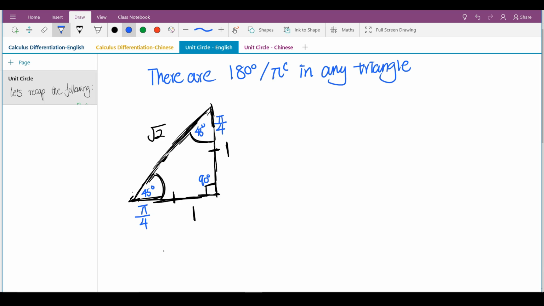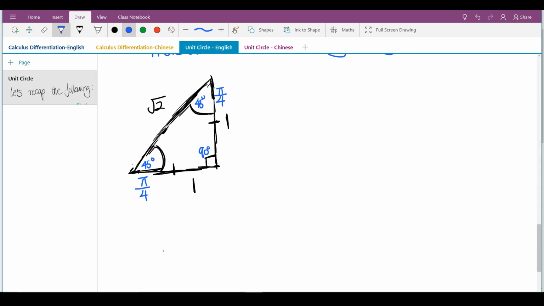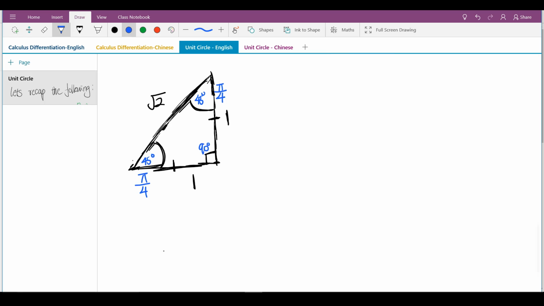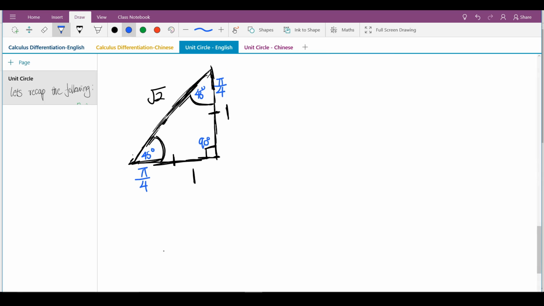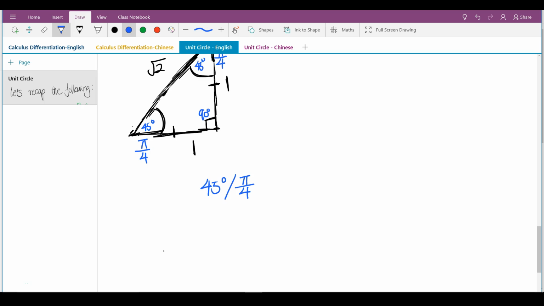Using our trigonometry, we can find the values for 45 degrees here, which is pi over 4, the same thing.